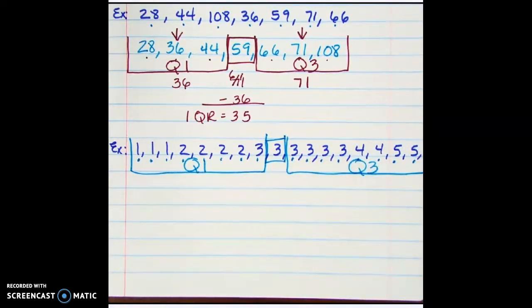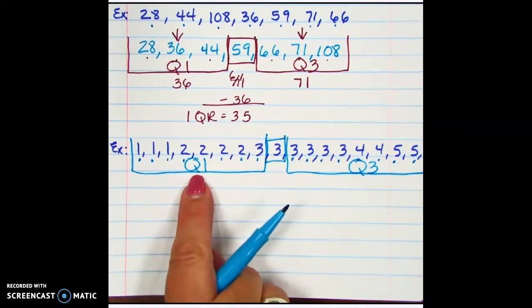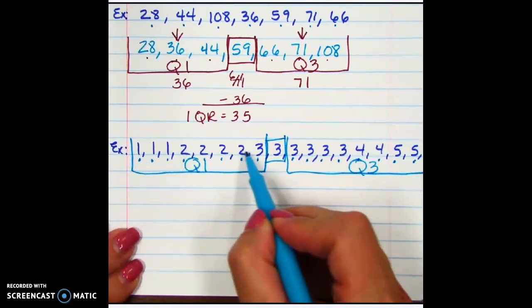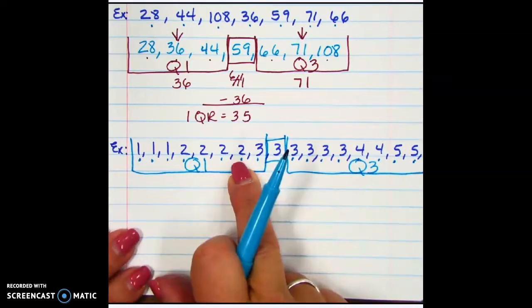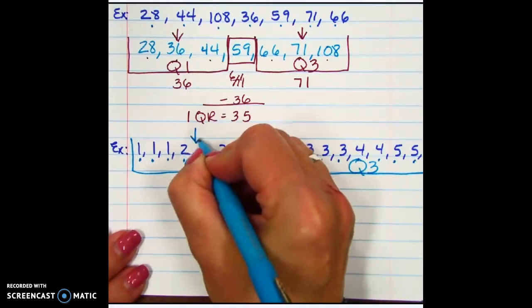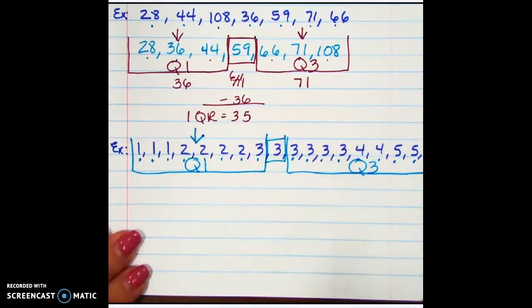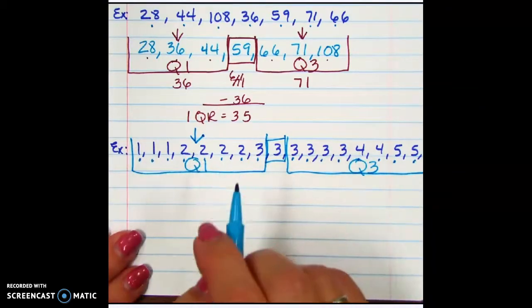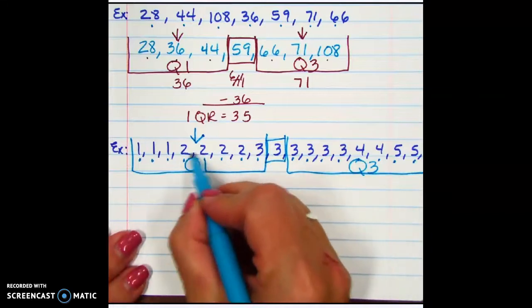So now I need to find the median of quartile 1. So I have 1, 2, 3, 4, 5, 6, 7, 8 data points in this one. So 8 would be right here in between. And what would that be?